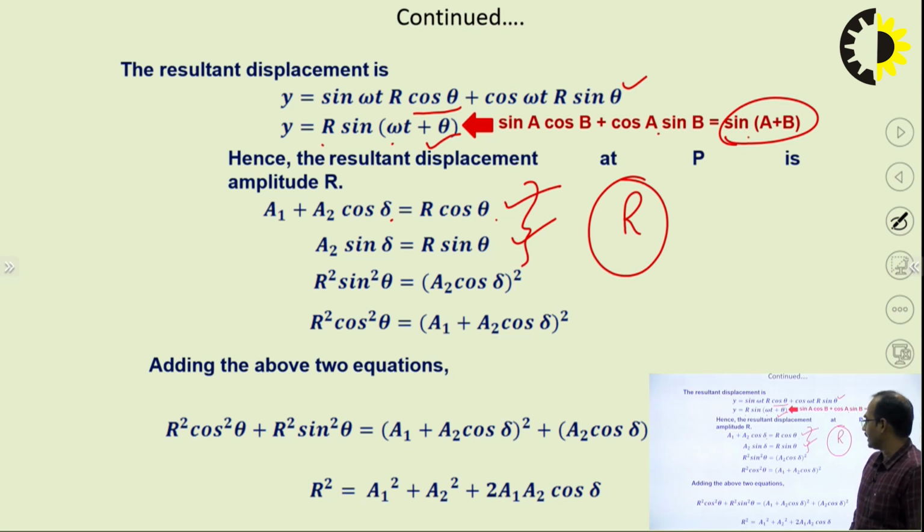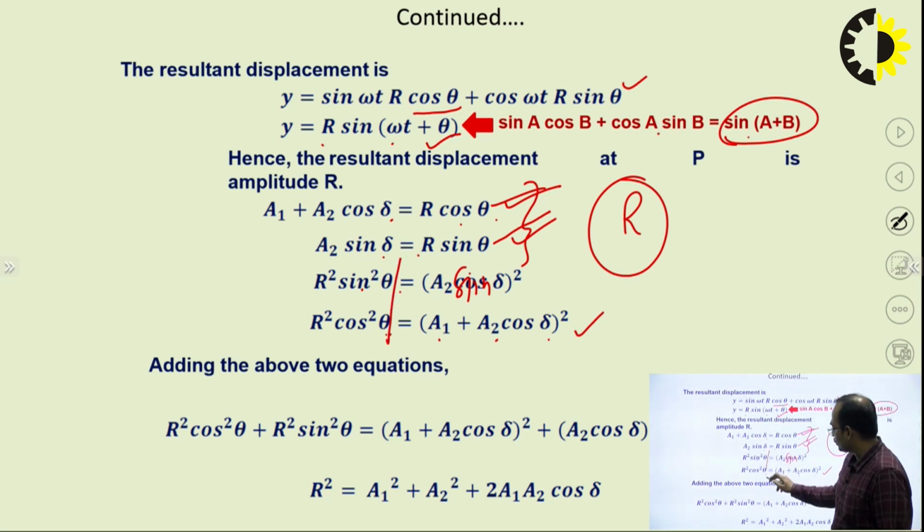For solving this, I will take the square of both. So R square sin square theta is equal to A2 square sin square delta. This is sin, not cos. And R square cos square theta is equal to (A1 plus A2 cos delta) whole square.